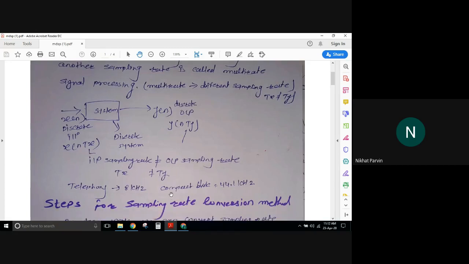So what are the steps to convert the sampling rate from one to the other? When I'm transmitting a signal which has a sampling rate of 8 kilohertz, and other people are transmitting their signal at 12 kilohertz or 16 kilohertz, these two sampling rates differ from each other, right?